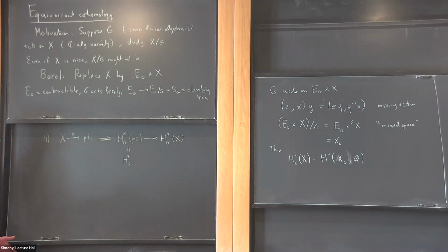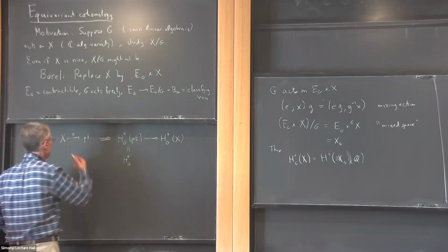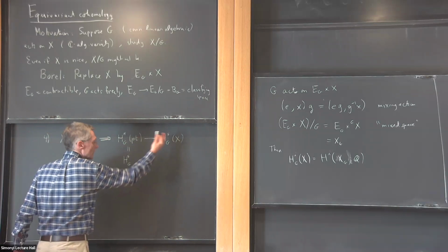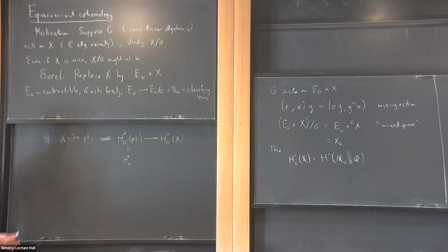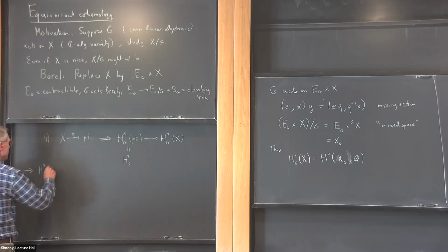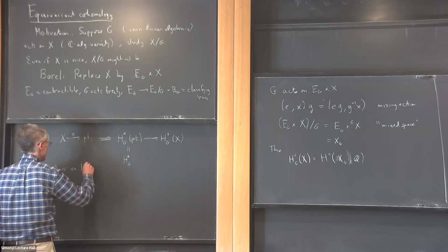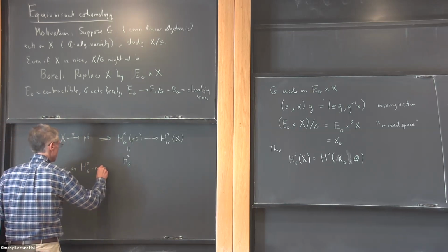This is just the analogy of saying that if we're in the non-equivariant setting, this would be Z or Q going to the cohomology. But this actually turns out to be tremendously important, because this implies that H star_G of X is an H star_G module.